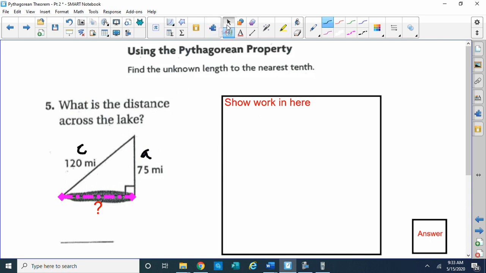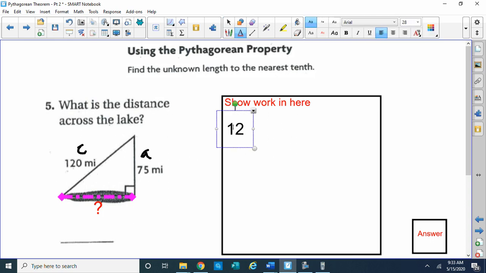So all I got to do is square the hypotenuse, the biggest number. So I square that, and then I'm going to subtract the other leg from it. Square that. So let's get my calculator to help me out.